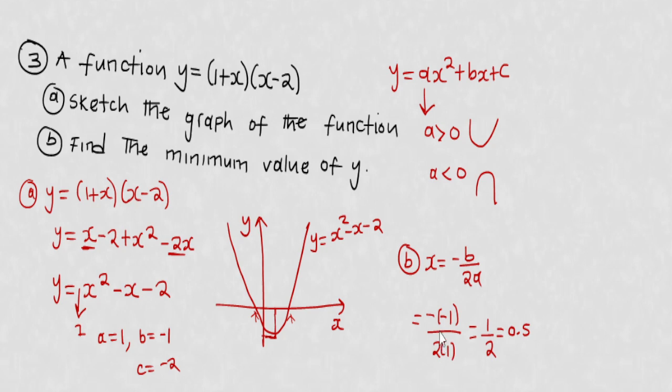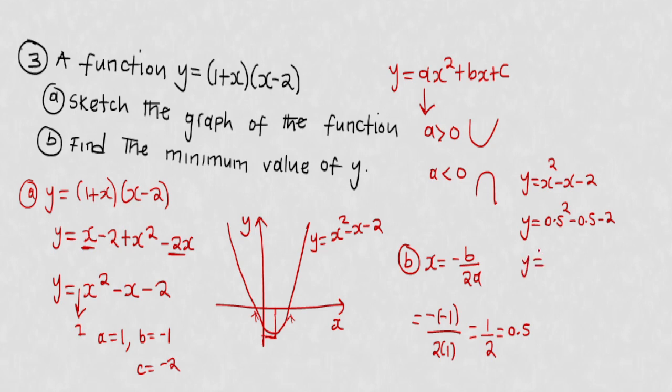We're going to use what we have to help us find it. The equation is as follows: y is equal to x squared minus x minus 2. So we're going to replace. This will be y is equal to, wherever it is x, we put 0.5, squared, minus 0.5 minus 2.